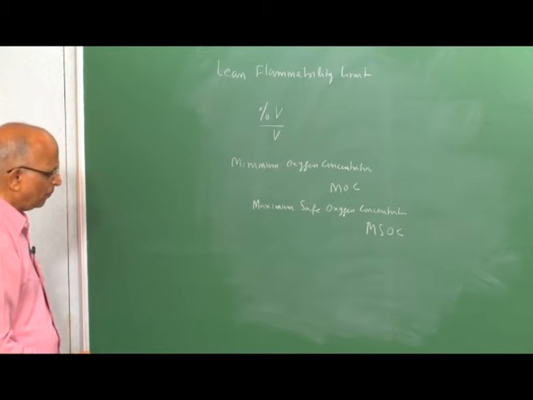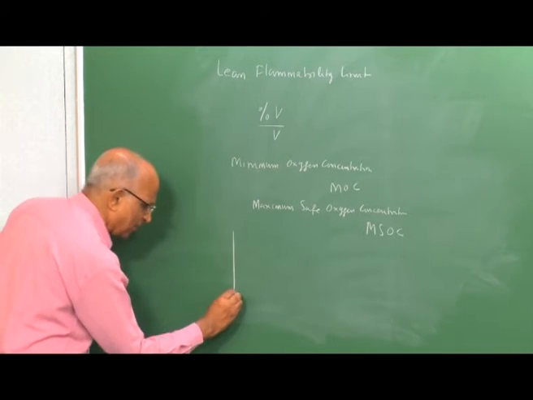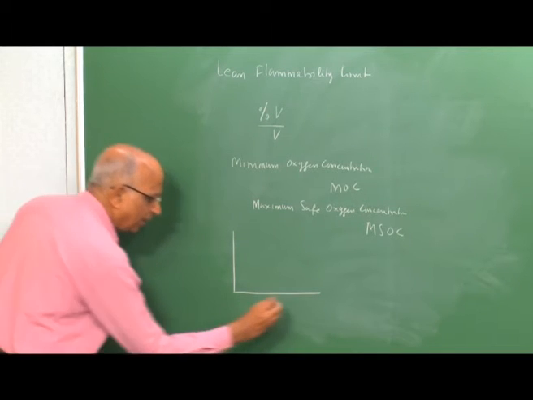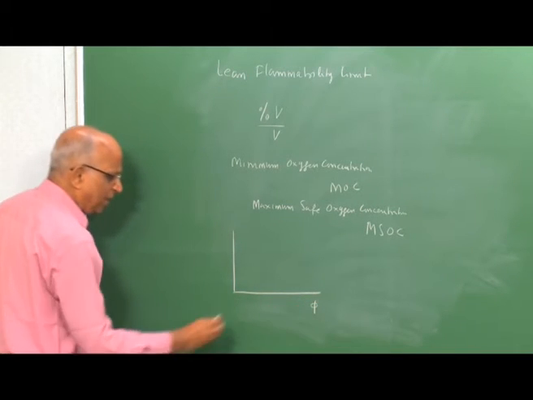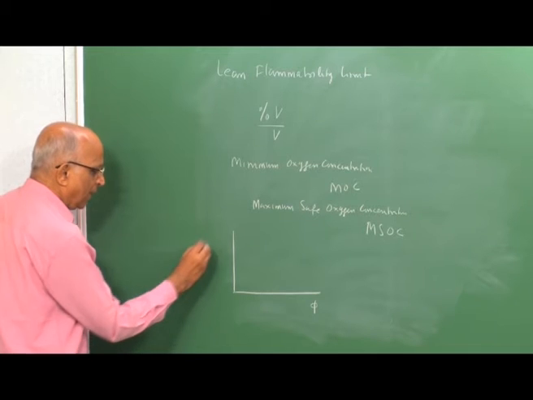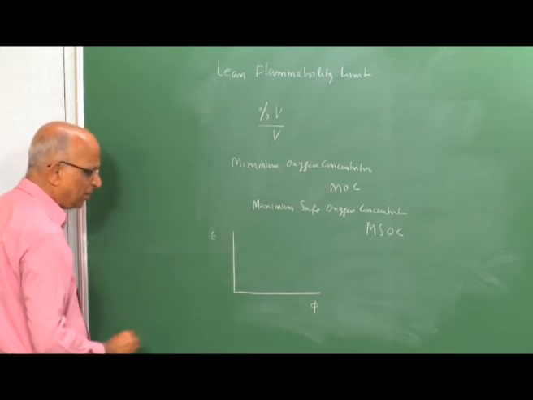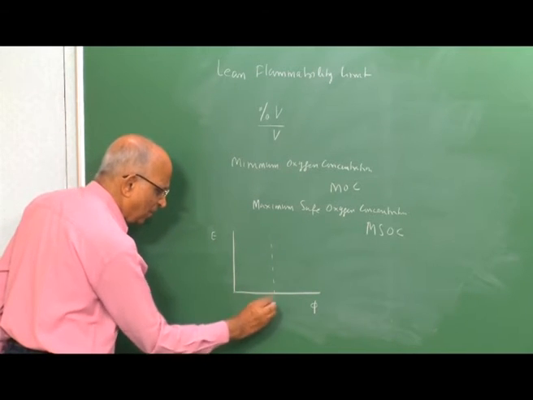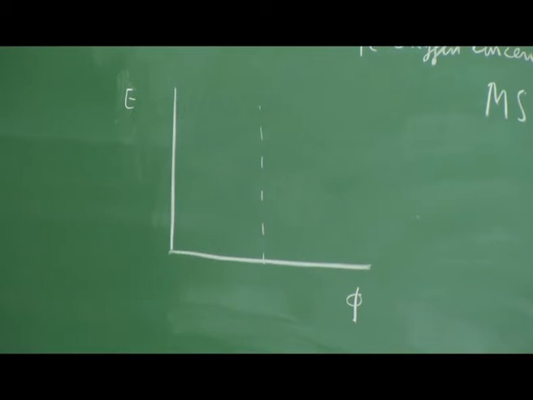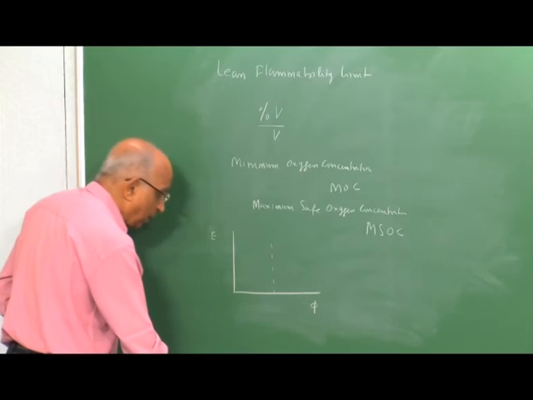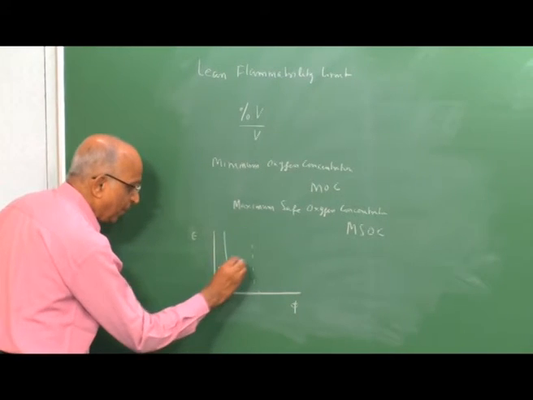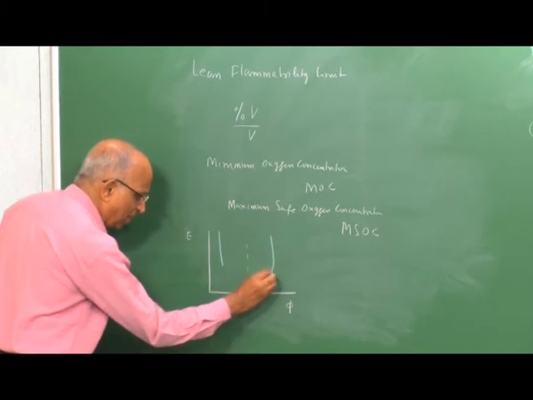How is it possible? Let us again take a look at some of the figures we drew this morning. I have phi over here, that is the equivalence ratio. I have the ignition energy over here, let us say E, the minimum ignition energy. Phi is equal to 1, stoichiometric. I have the lean limits of combustion coming over here, and the rich limits of combustion coming over here.